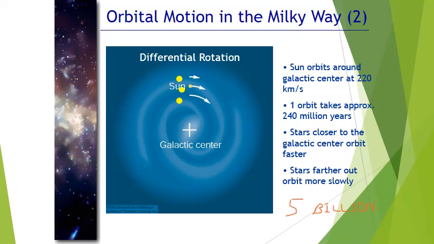We saw that, and in fact, Kepler figured out the fact that as you get farther and farther away from the star, in this case our sun, the longer it takes for that planet to orbit. And so you would expect that stars that are close to the galactic center should be moving very, very quickly, and stars that are farther away from the galactic center should be moving much more slowly. That's what you would expect. Flip the page to find out what the reality of the situation is.